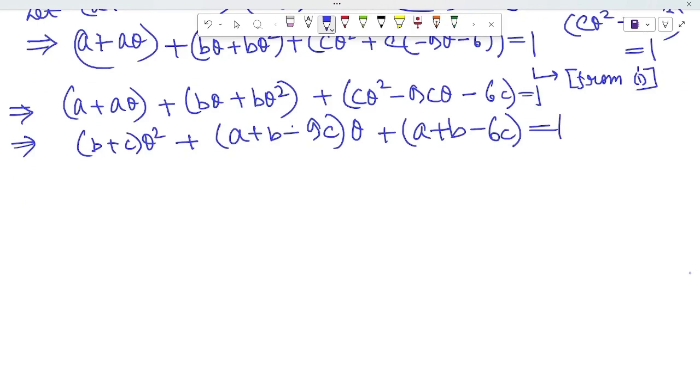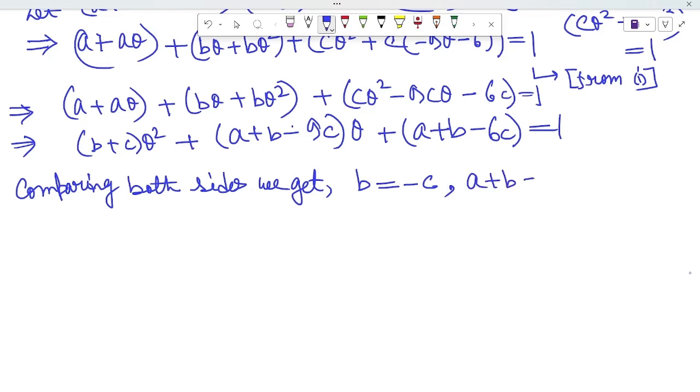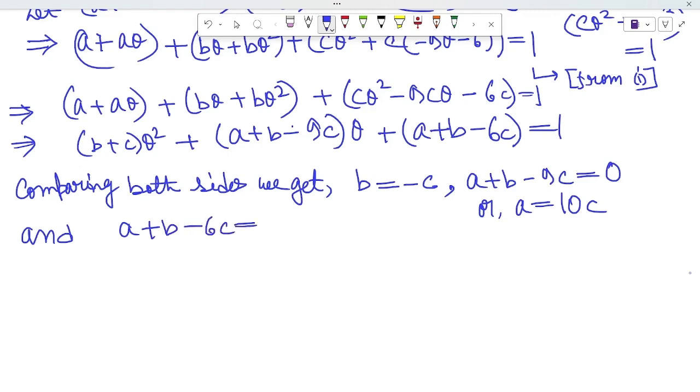So compare the powers of theta both sides. b plus c equal to 0, so b equal to minus c. A plus b minus 9c equal to 0, so a equal to 10c, and a plus b minus 6c equal to 1.